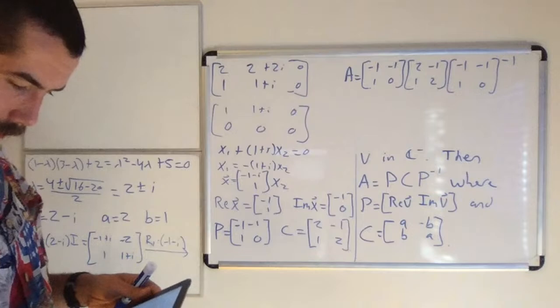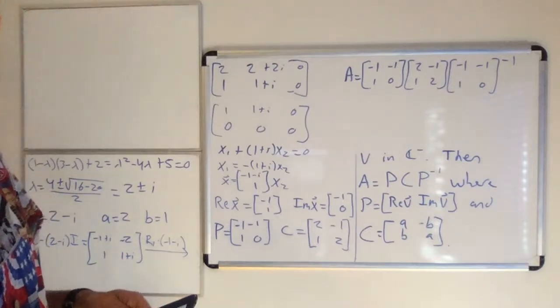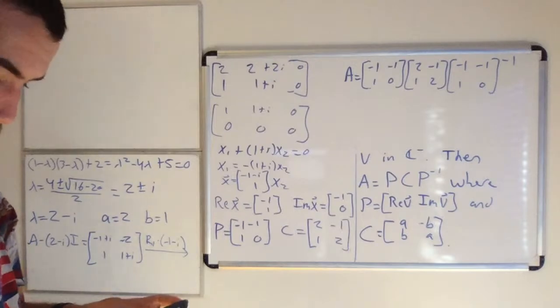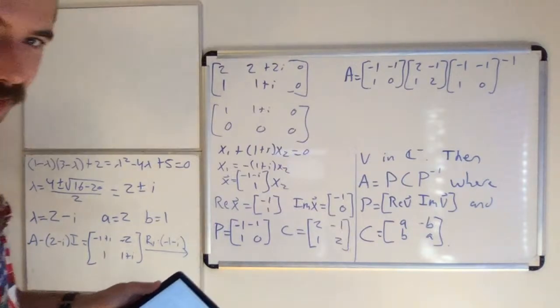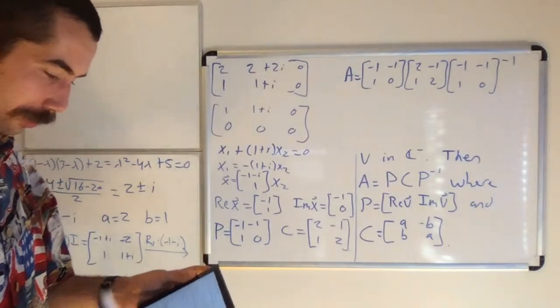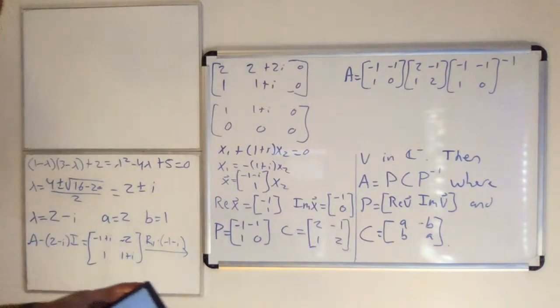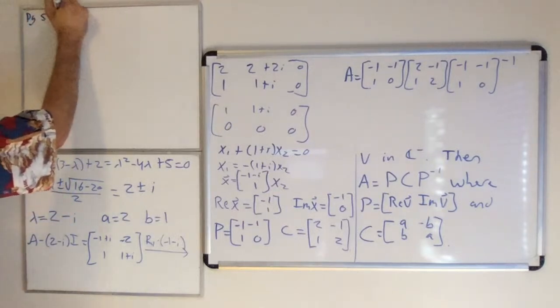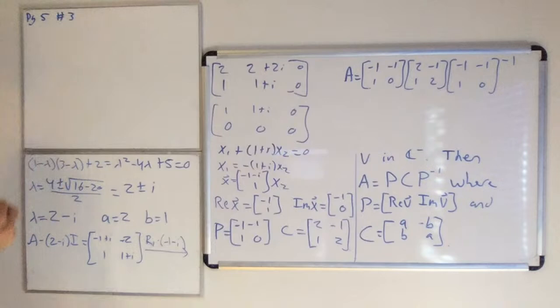Okay, so 3 and 4 both have to do with the kernel. We'll start with 3, because that tells us what the definition is. And then for 4, we could prove it's a subspace, or at least talk about how to prove it's a subspace. So this is page 5, number 3.